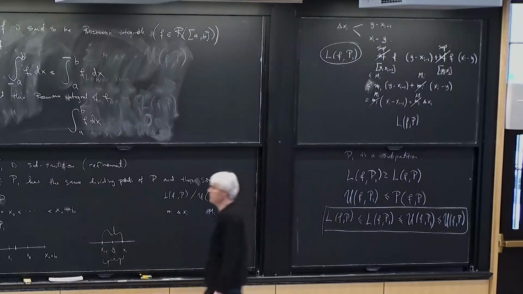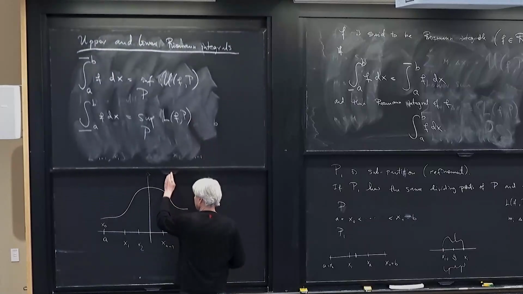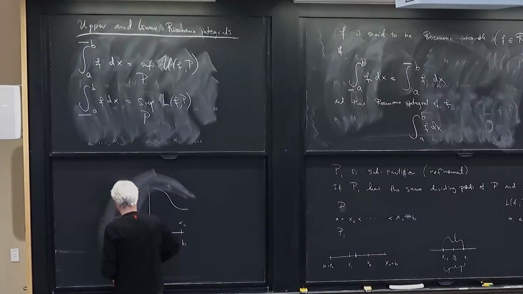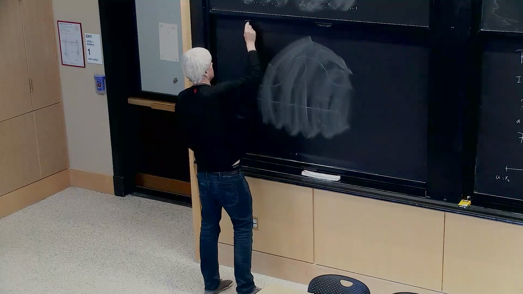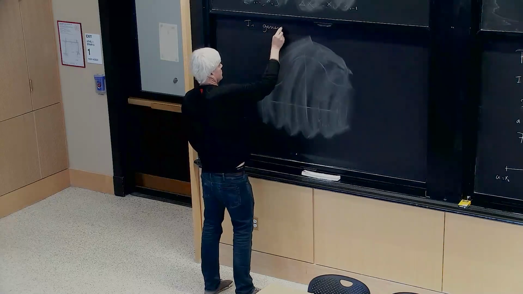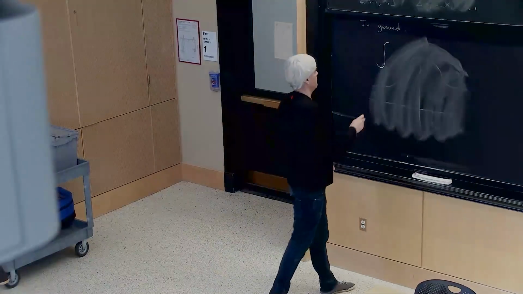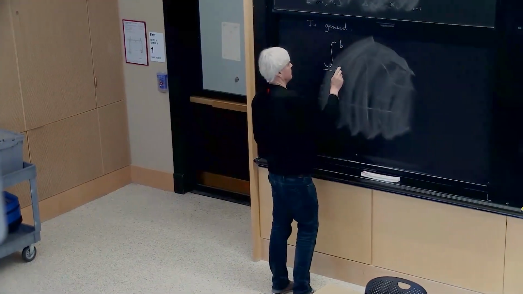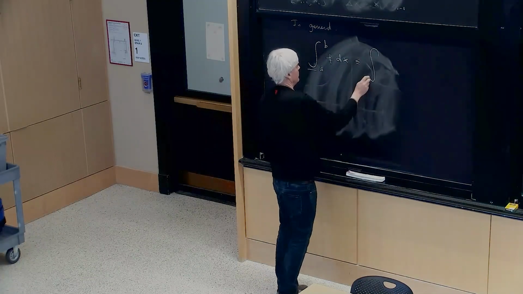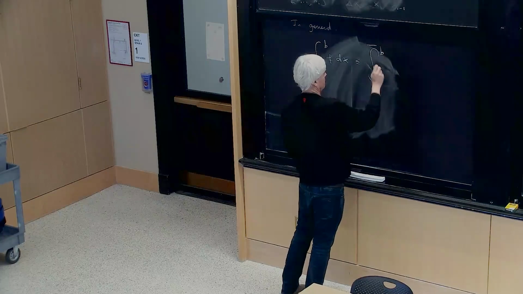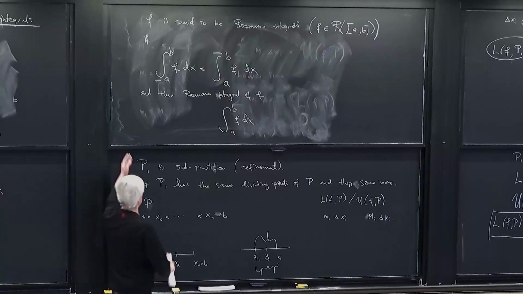Okay, so now the first thing I want to observe is that for a general function, whether the function is Riemann integrable or not, we always have that the lower Riemann integral is less or equal to the upper. And why is that the case?